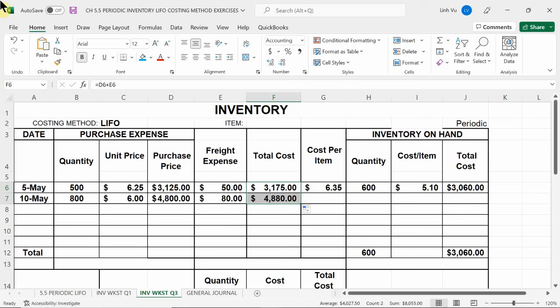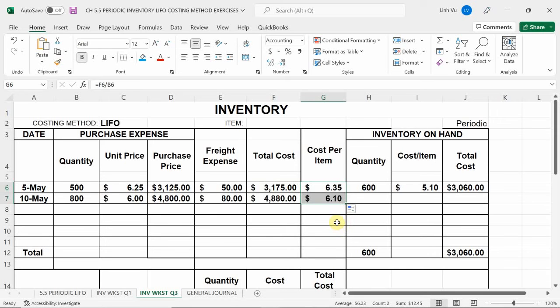Good. Okay. So then, what's going to be my cost per item now? $6.10.